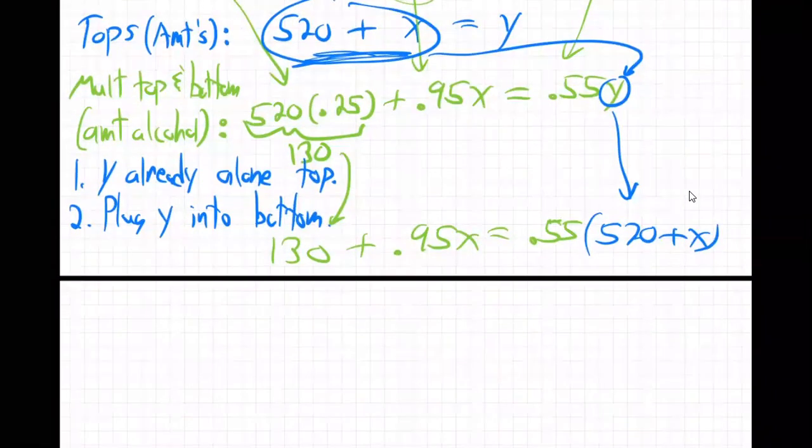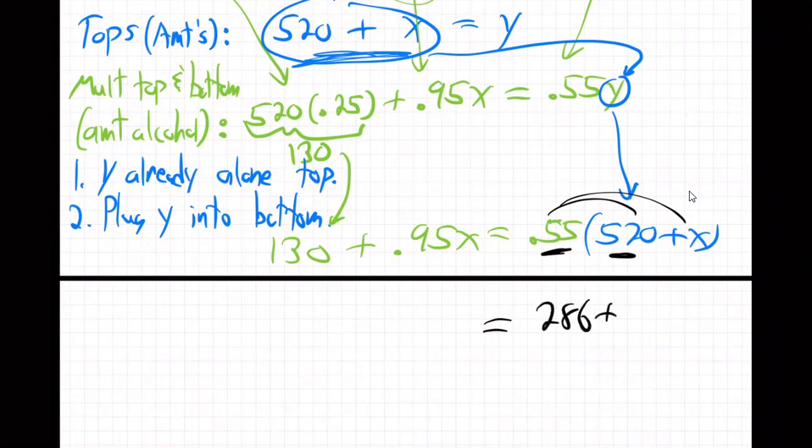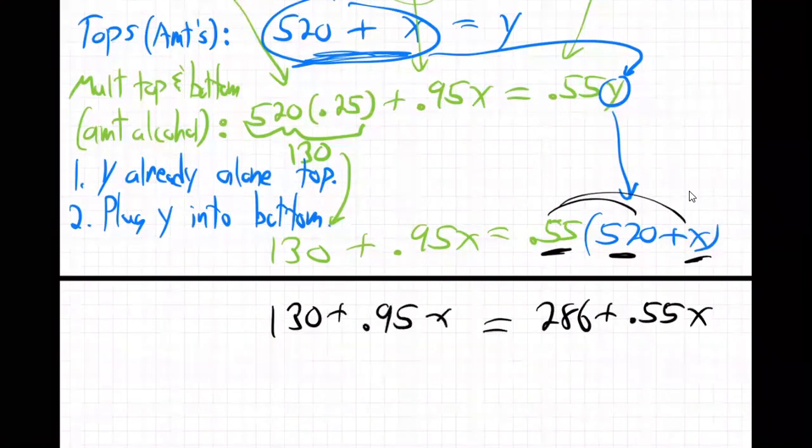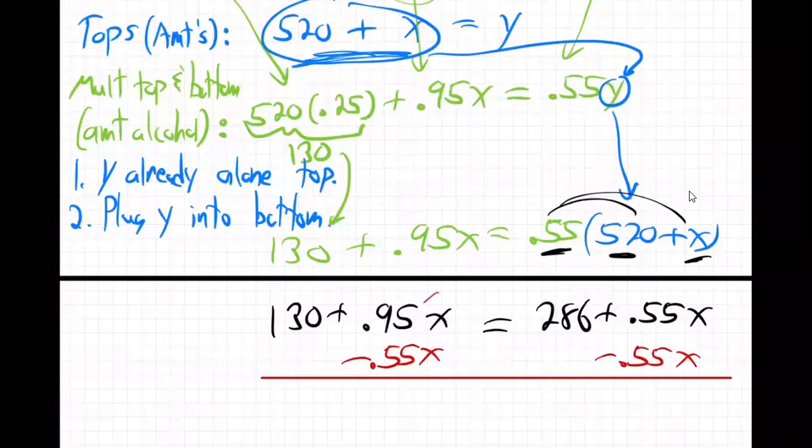Okay, and so then let's distribute. So use your calculator, 0.55 times 520, I have no idea. Getting 286 plus 0.55 times x. This is 130 plus 0.95x, okay. How do we solve for x? Well, when you have x's on opposite sides, you've got to subtract them. Like so. Whoop, doesn't cancel there. Cancels here, huh?